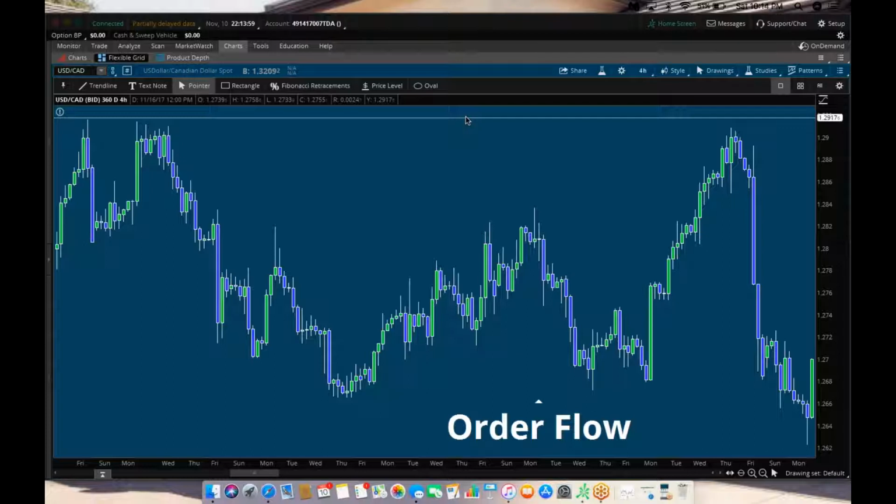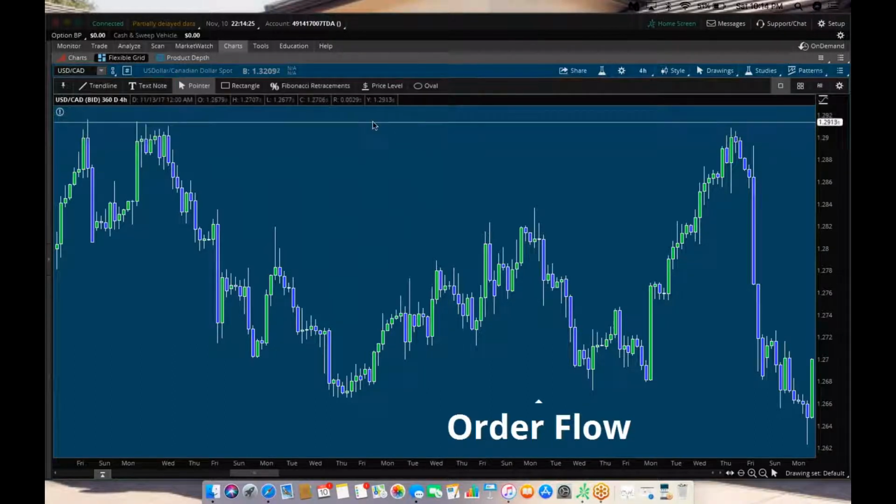On top of that, when you zoom in to that zone, you'll be on more of the hourly level, and that's where we're really going to see the order flow of the price in that zone.